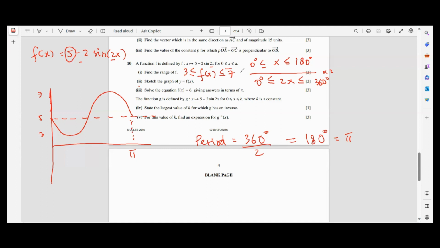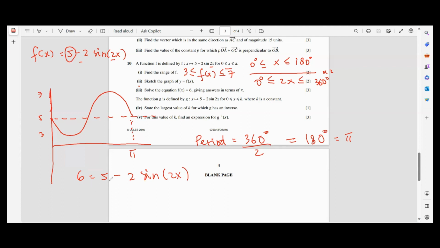And then for the III, solve the equation when f(x) equals 6. Okay, so we change the f(x) to 6. So 6 equals 5 minus 2 sine 2x.